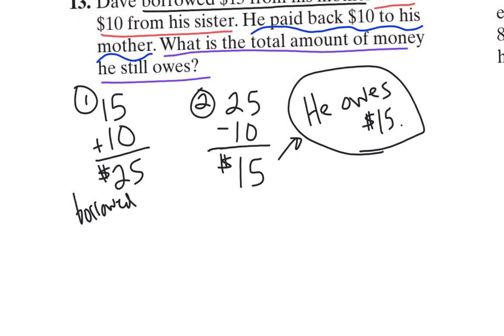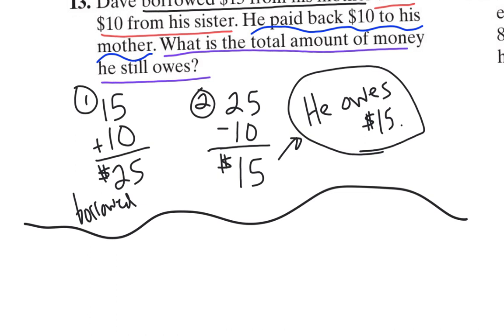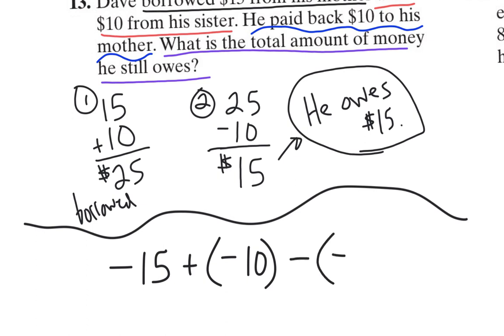What they're probably wanting us to do is think of borrowed $15 as negative 15, and then borrowed $10 would be like plus negative 10. And then if he pays back $10, that's taking away a $10 debt. So that's like minus the negative $10. We're taking away a $10 debt there.